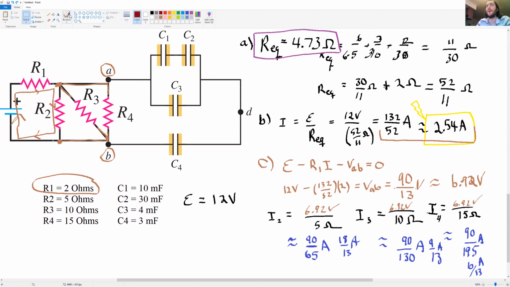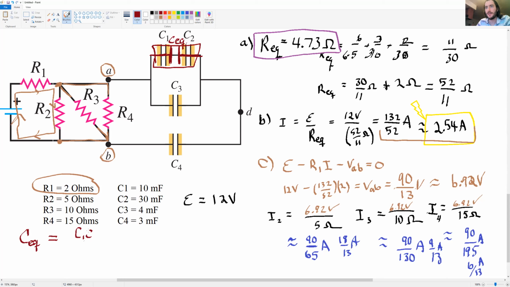So when we have capacitors in series, we're going to replace these two capacitors with a single capacitor CEQ. And that CEQ is going to be given by our product over sum formula, which is very useful for series capacitors when we have two of them.